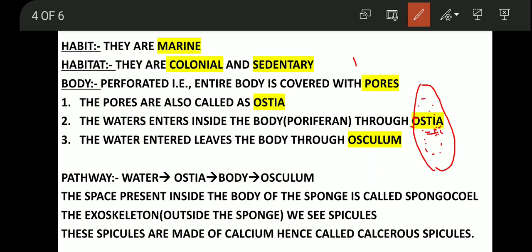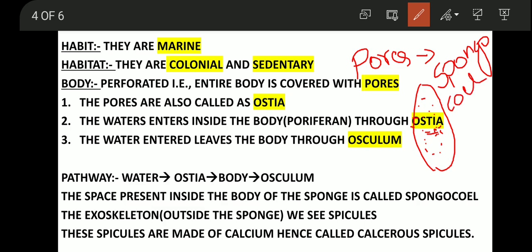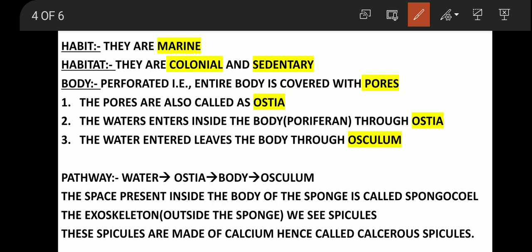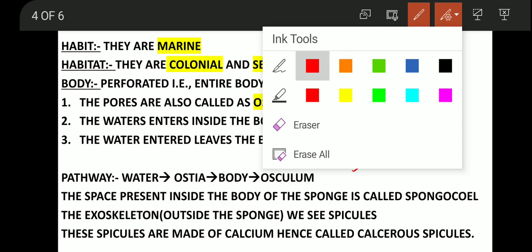The pores lead into a cavity called the spongocele. Whatever water enters through the pores is led into the cavity called the spongocele. The water moves from the pores to the spongocele. It is a body cavity.